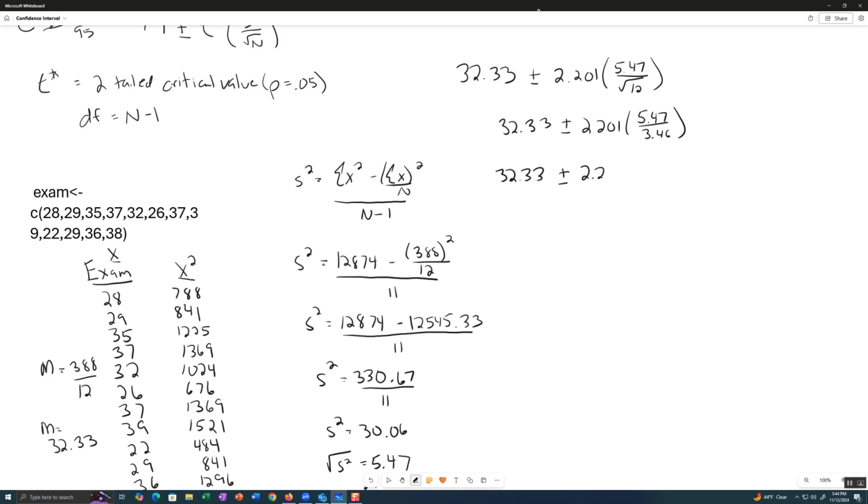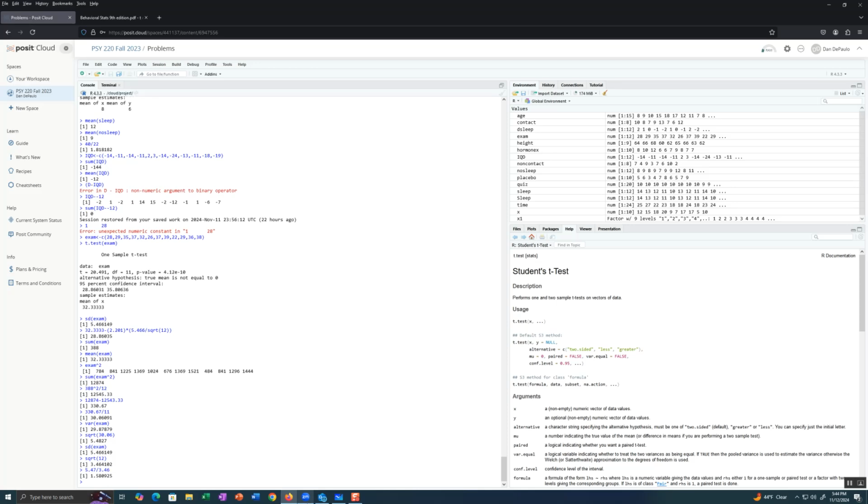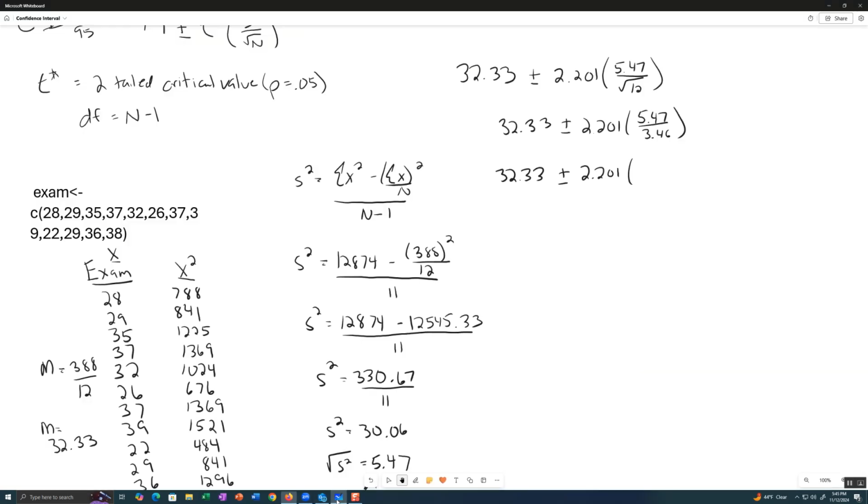It's going to be 2.201. And now we're going to do this division, 5.47 and 3.46. This is giving us 1.58 rounded.